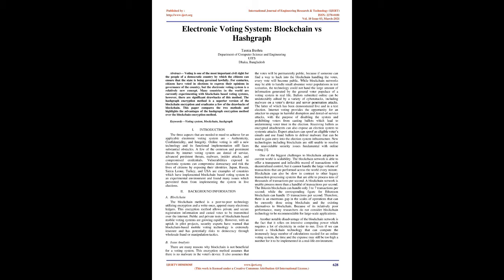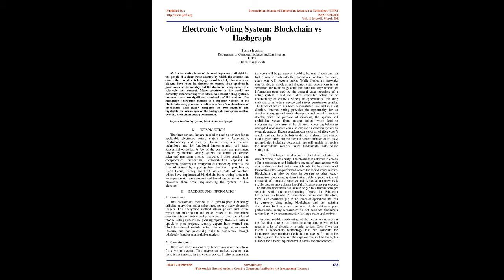Introduction. The three aspects that are needed to achieve an applicable electronic voting system are authenticity, confidentiality, and integrity. Online voting is still a new technology and its functional implementation still faces substantial obstacles. A few of the common and prominent threats to Internet voting systems are denial of service, advanced persistent threats, malware, insider attacks, and compromised credentials.